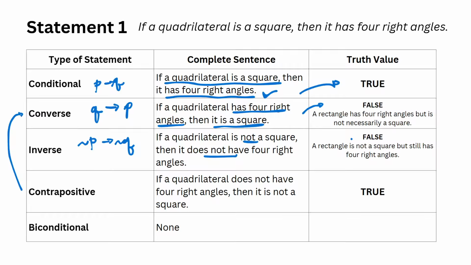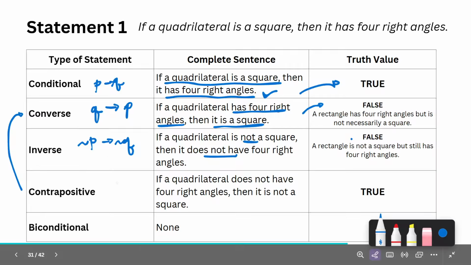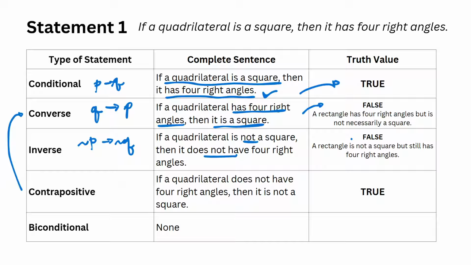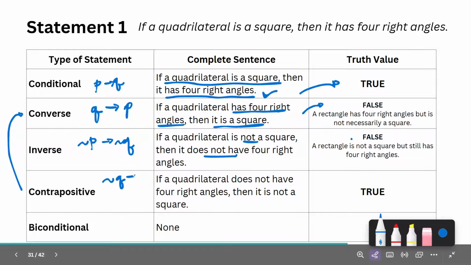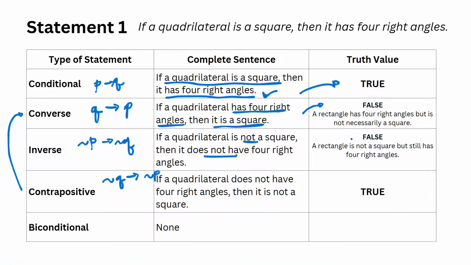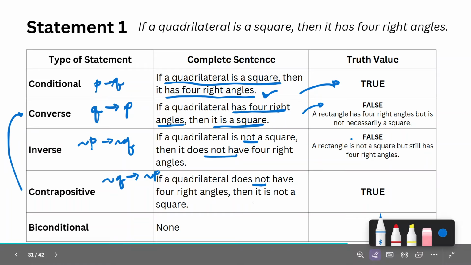So, galing siya sa converse where if Q implies P, then not Q implies not P. Dito is not Q implies not P. So again, if we will read the converse, if a quadrilateral has four right angles, pagdating sa contrapositive, it becomes if a quadrilateral does not have four right angles, then it is not a square.